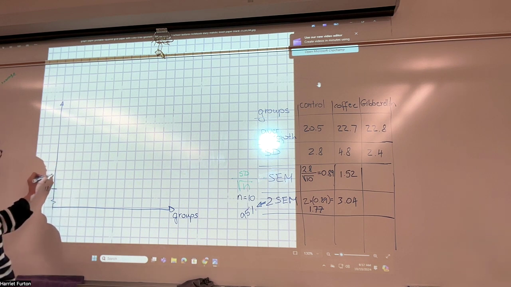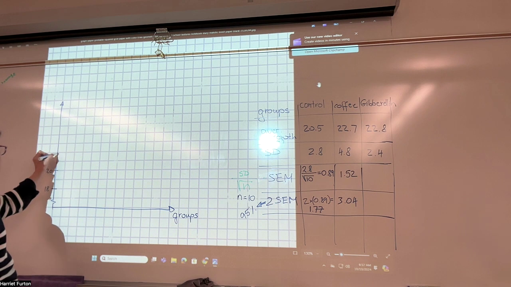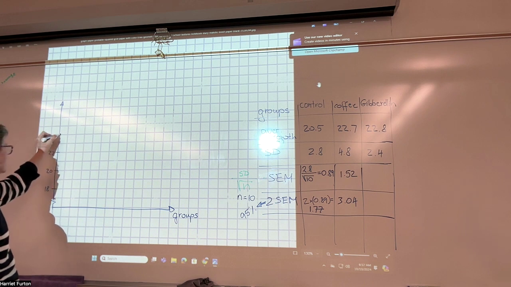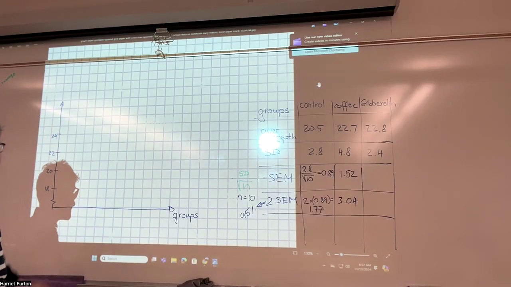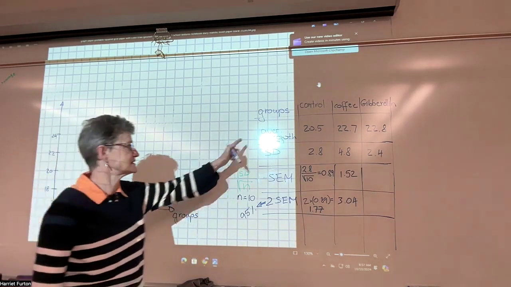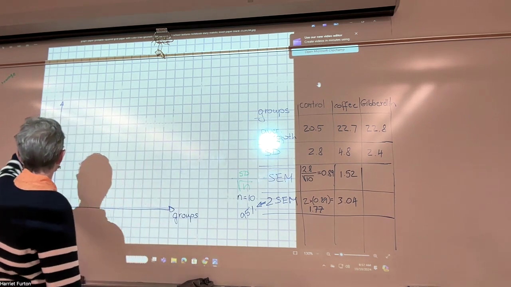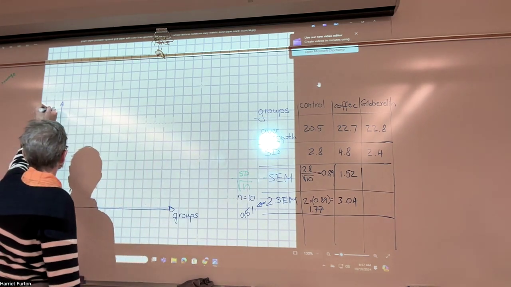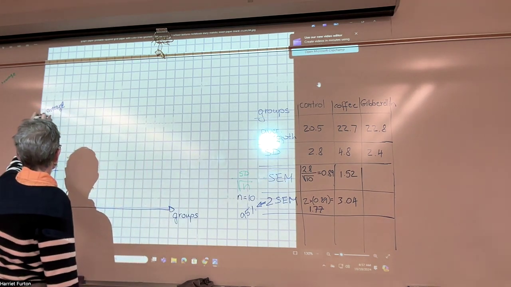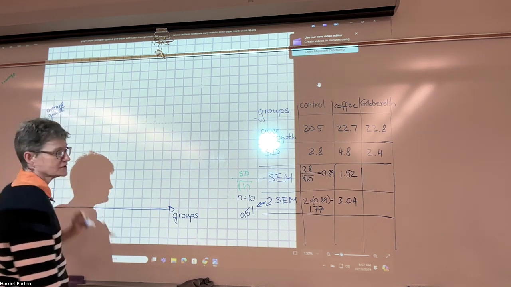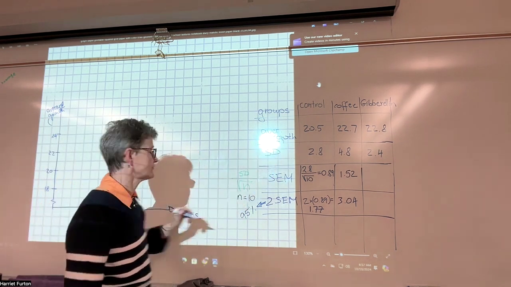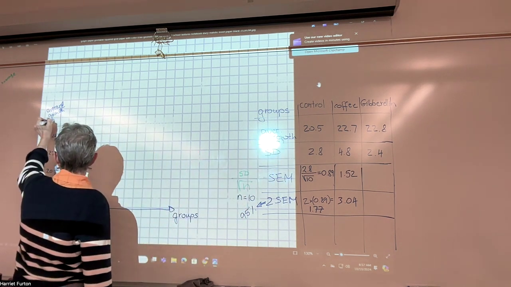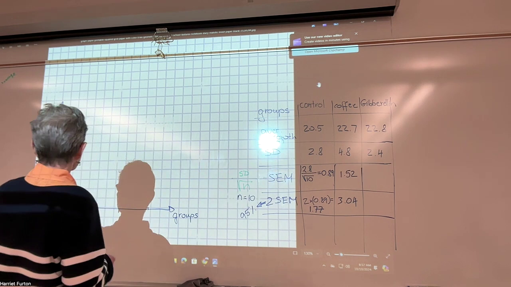So this will be 18, 20 millimeters, 22, 24. Please do not forget to label the y-axis. That is the dependent variable, so the average growth, and put the unit millimeter in parentheses, that we measure here.